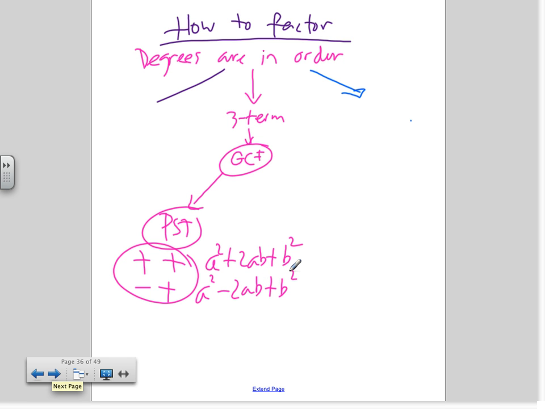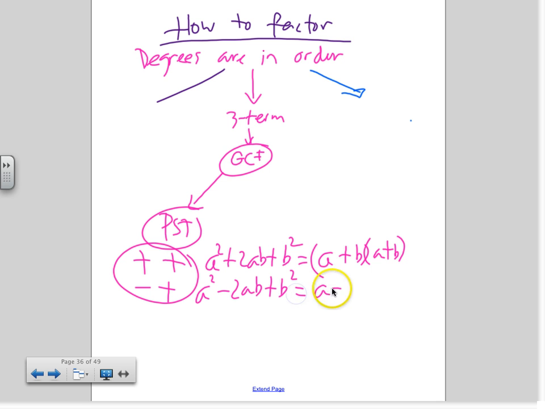Remember, they're both perfect squares, the first and the last, and the middle is by taking the 2 factors, multiplying and doubling. That's why you see a 2 here. So it's just to remind you that to test out the middle term, you do have to multiply and double to test it. And when you factor it, remember, if they're both pluses, you will see A plus B, A plus B. That's how you factor.